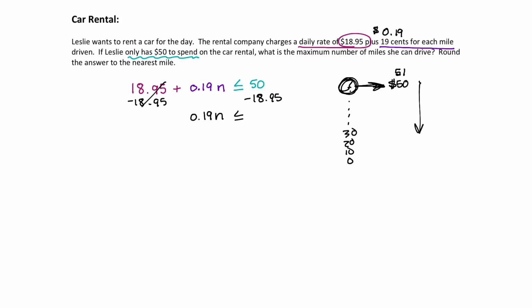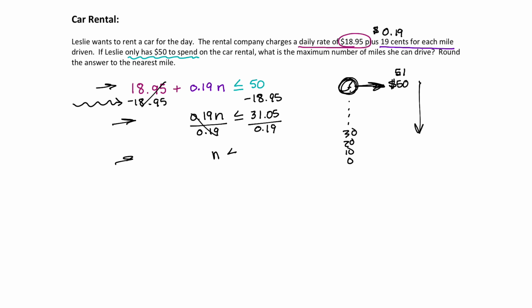So right here, you're going to do 50 minus 18.95 on your calculator, which is perfect, but write it down before you divide. Write down the original step, the next step, the next step. You don't have to show this one, that's a little bit extra, but you do have to do the next. However, I would if you're not really comfortable.